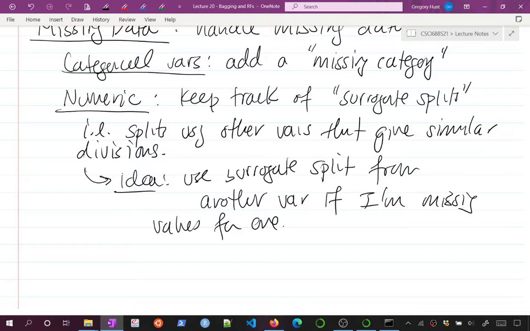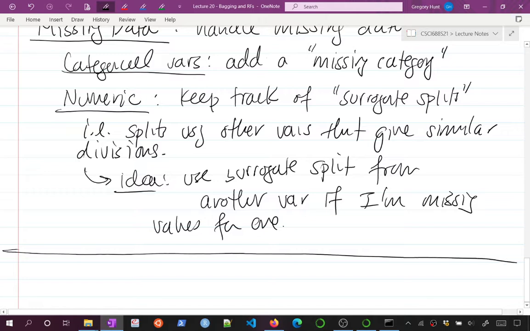And I'm not missing x5, so I can just split on x5 instead, and I can replace that in my tree. So that tops off our last little tidbits on classification and regression trees.